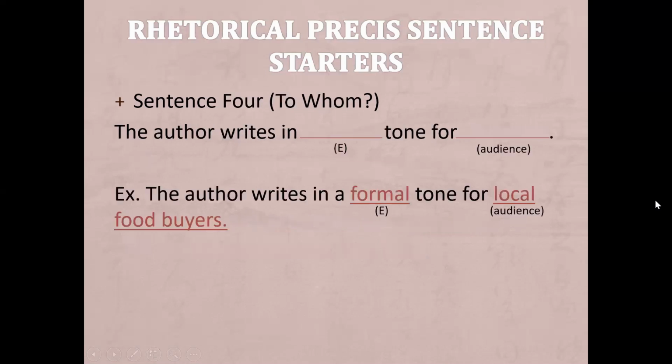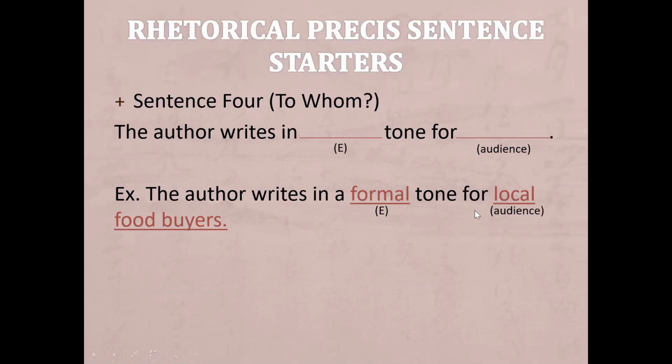In sentence number 4, we'll be explaining to whom. In the example we have, the author writes in a formal tone for local food buyers. For the audience, as you read, make sure you ask yourself, who is the author writing for? Is there a specific audience that it is intended for?